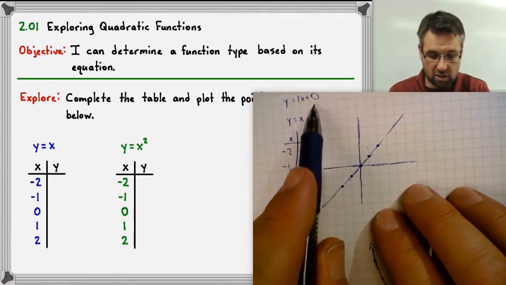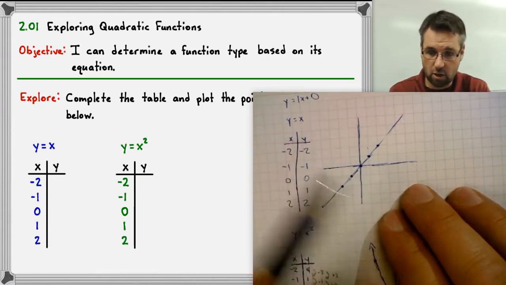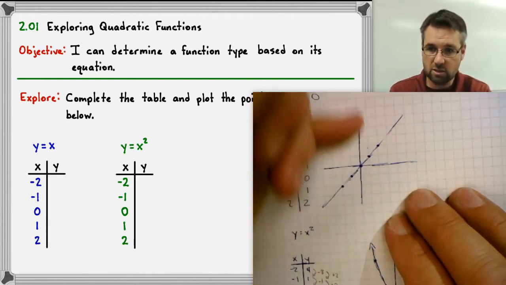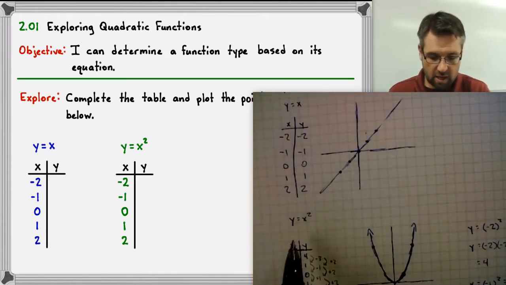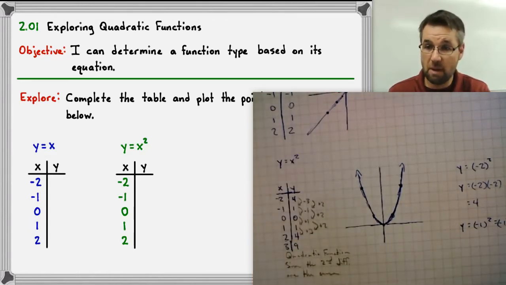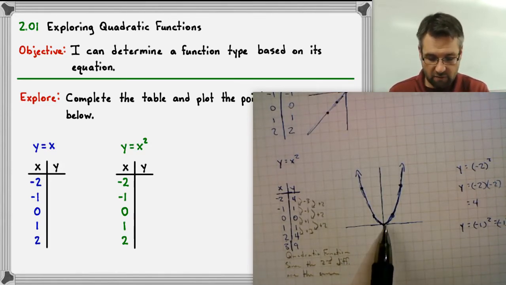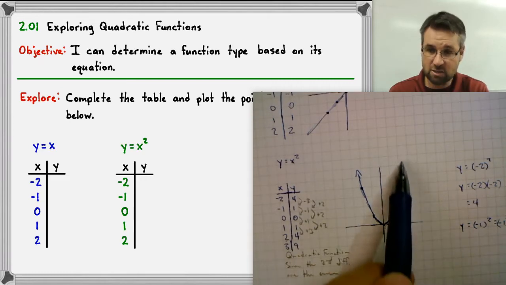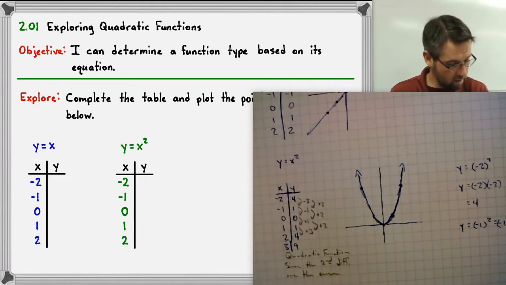And when I change the y-intercept, in this case 0, that changes where the line starts, okay? Same thing here. This is the parent function for a parabola. y equals x squared is the parent function, and all other parabolas are based on this function. We've got the vertex here, and then we're going to talk about a slope pattern in a little while.